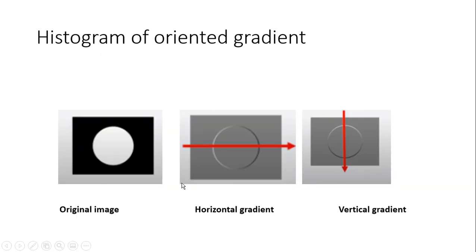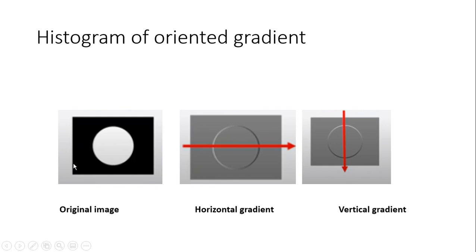Okay, let's see. Here we can find the gradient through this picture, which is a black block, and there is a small white circle inside the black block, and we are going to find the horizontal and the vertical gradient.